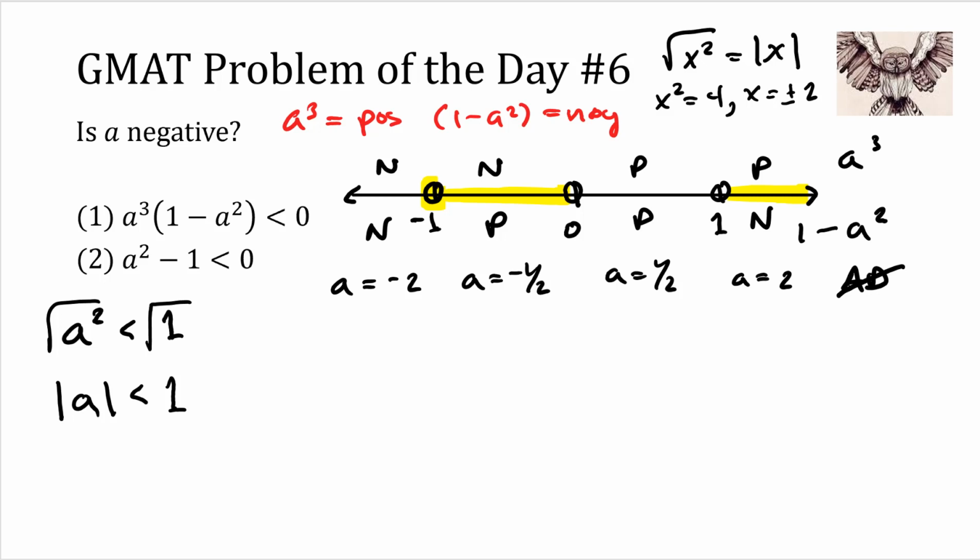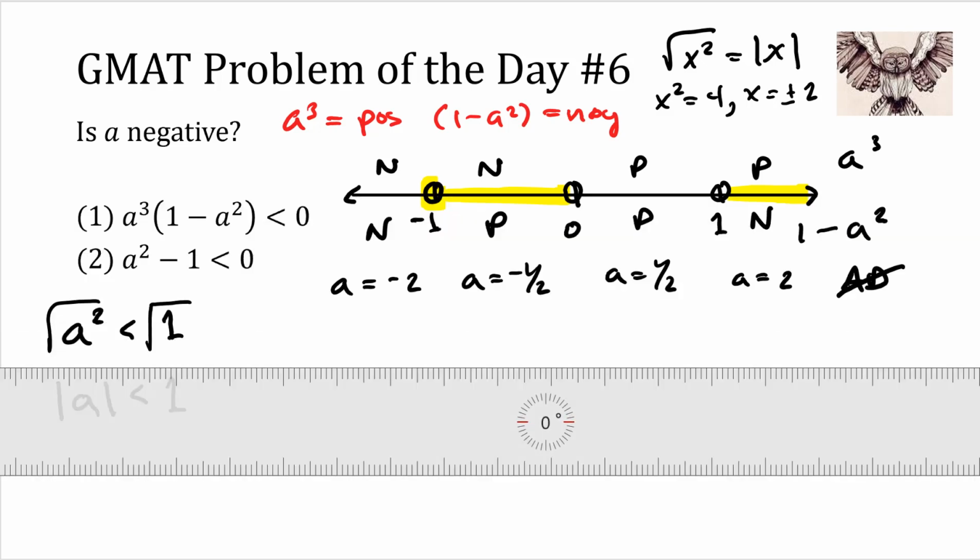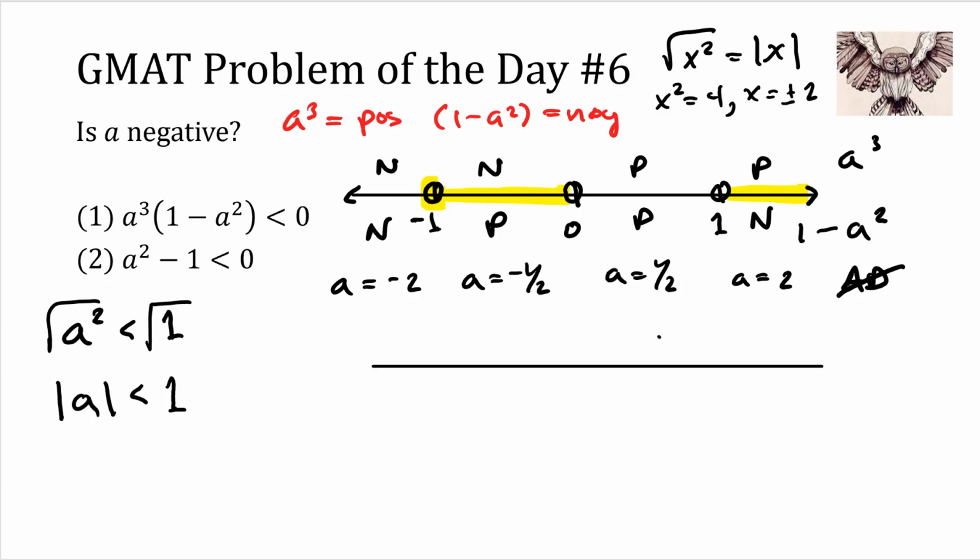And we can graph that. I get out the ruler again, drag it down, and there's my line. Get rid of the ruler, throw down some arrows, critical strip again. The absolute value of a is less than 1. That means that a is within 1 unit of 0 on the number line.